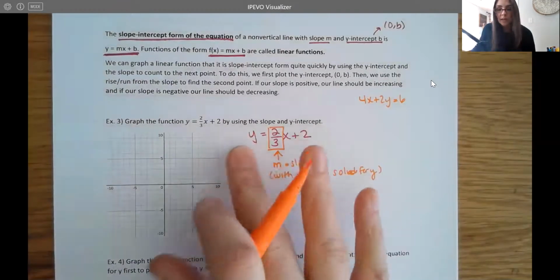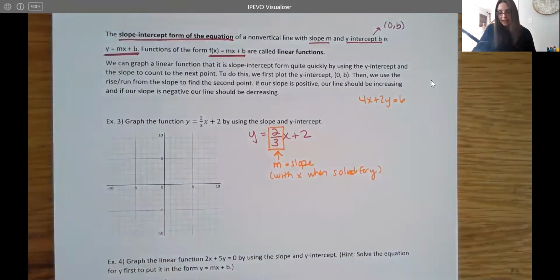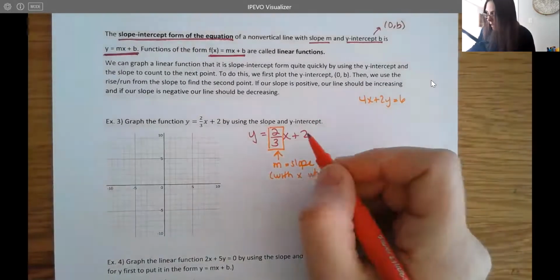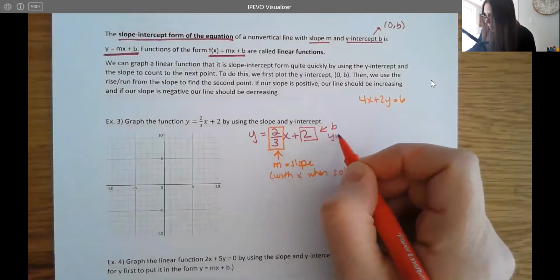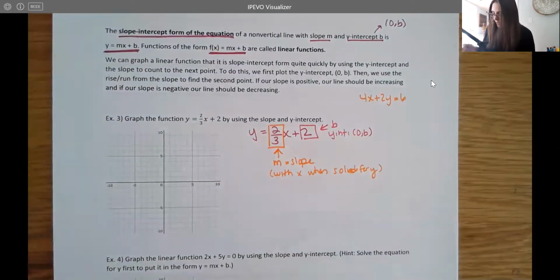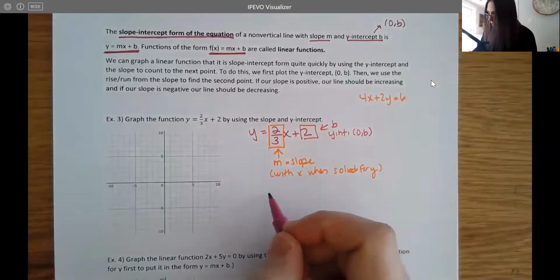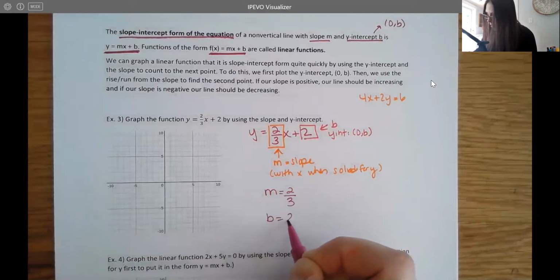This trick only works if the y is by itself. So you do need to be careful. And then the other piece that's not with the x is your b. So our y-intercept is the point (0, b). So for our example here, we have our slope is 2/3 and our b is 2.